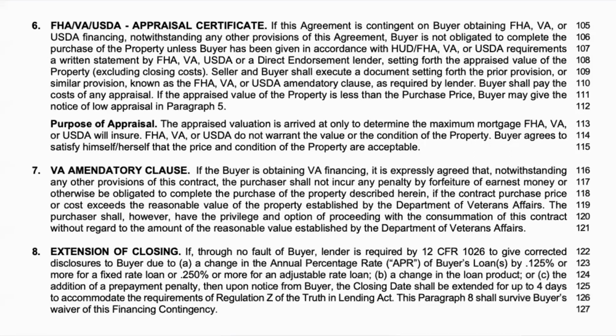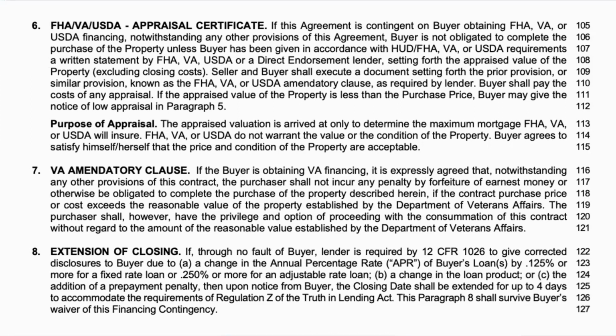We've added it into our 22A because every time it came through, it just triggered questions. It is actually just something that is required by the VA. So we do have the amendatory clauses added into our form. Your seller or buyer or both and agents may be required to sign an additional copy of this, but what you're signing is paragraph 7.